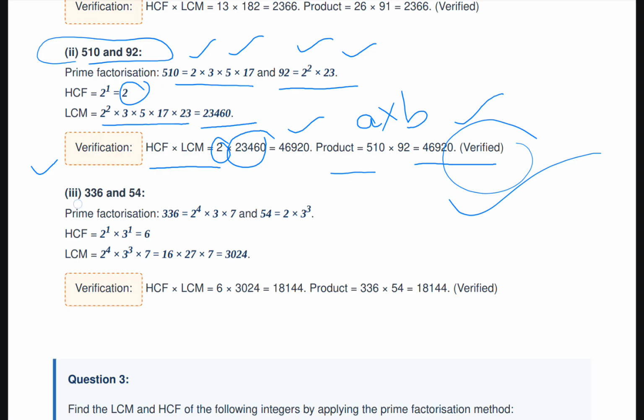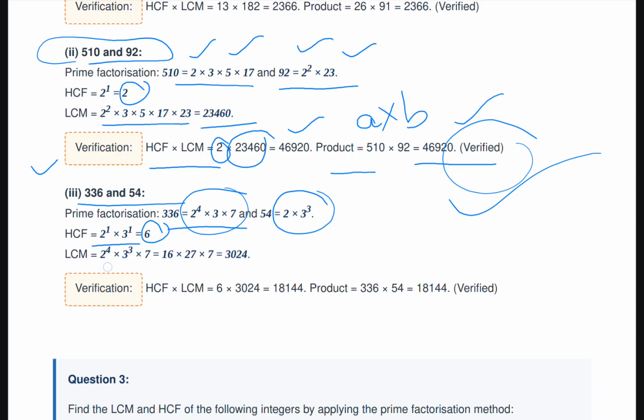Next question is 336 and 54. You will get the prime factorization of 336 and the prime factorization of 54. What is common? Common is 2 into 3, so 6 is your SCF. In LCM you will take all the remaining numbers in their prime factorizations except the SCF.